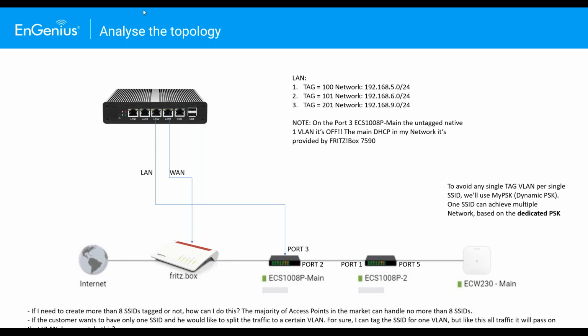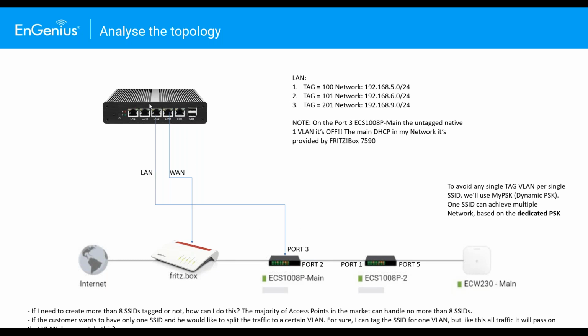So the question is, do I need to apply some tricks about this or not? Of course, this firewall provides DHCP on port 3 and also the Fritzbox, this is absolutely unacceptable. Some installers simply do it like this because they do not know how to use VLAN.